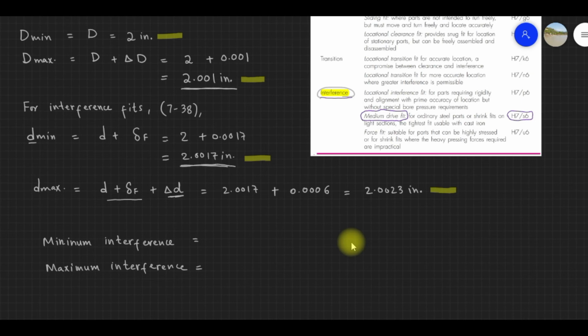If you compare these two values, you will see that the shaft is larger than the hole, because this is actually 2.0010 and it is 2.0017 here, right?